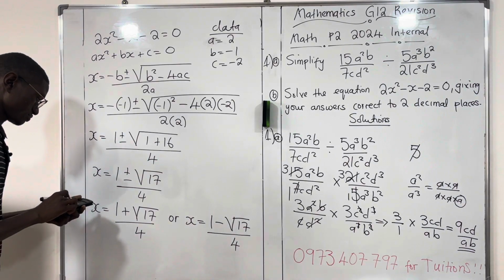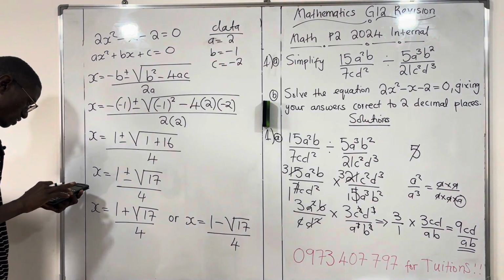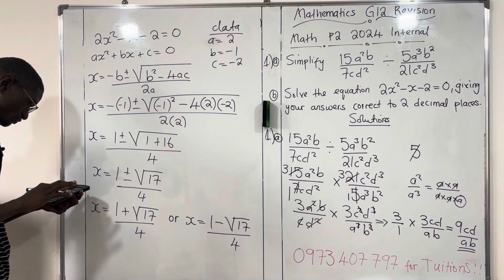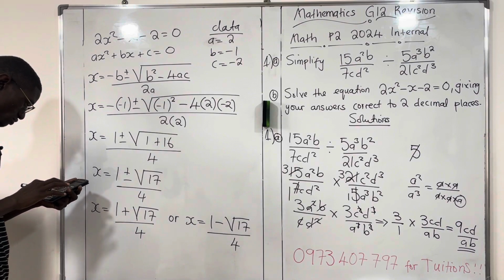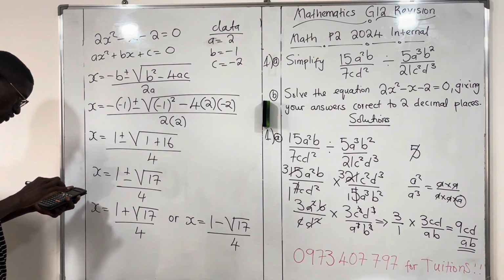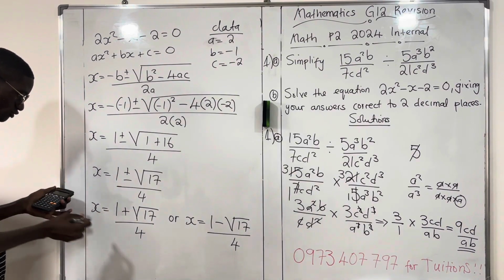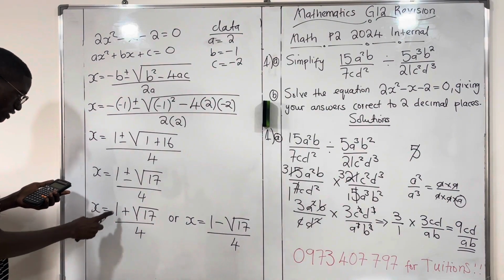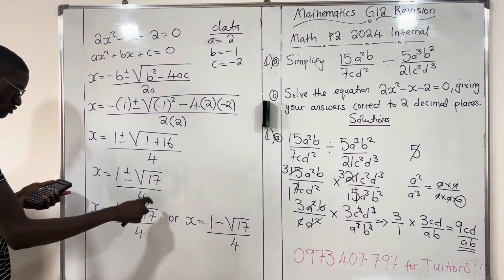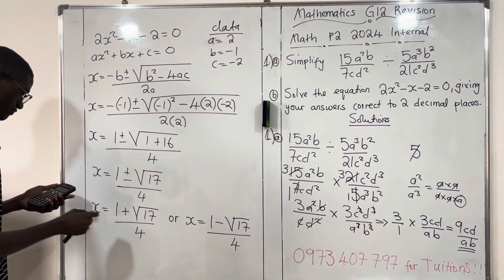I can now punch this in my calculator. So 1 plus the square root of 17, let me just start with a fraction. So for me, my calculator actually allows me to punch everything. Okay, if yours doesn't allow, just say 1 plus the square root of 17, you say equals, and then you divide by 4.